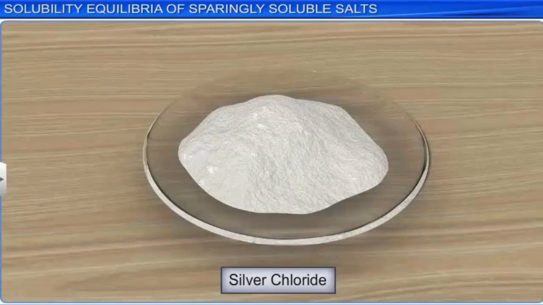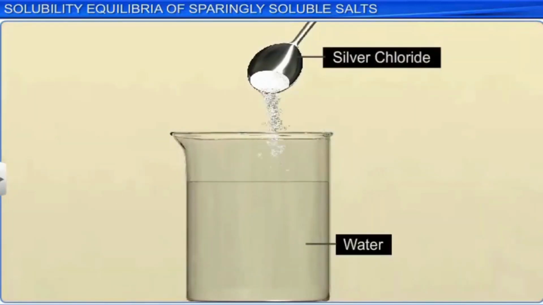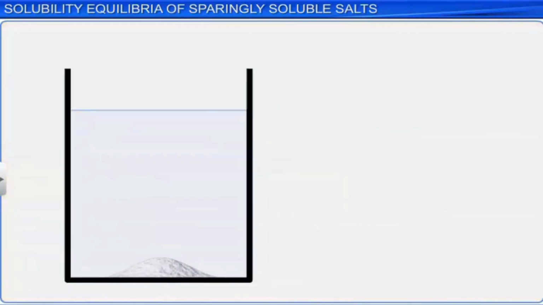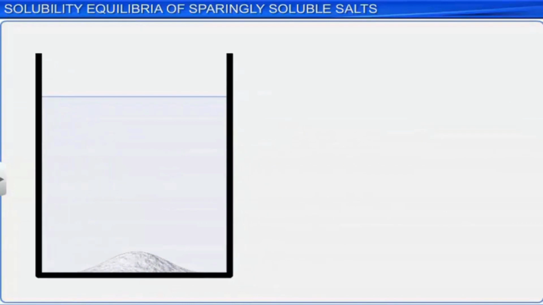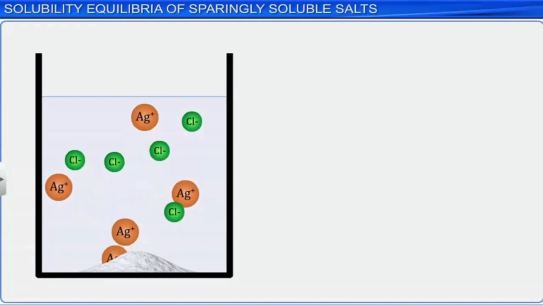Now let us discuss the solubility equilibria of sparingly soluble salts, such as silver chloride. Silver chloride is a sparingly soluble salt. When it is added to water, only a small amount of it goes into the solution, and a stage is reached at which the dissolved and undissolved silver chloride are at equilibrium.